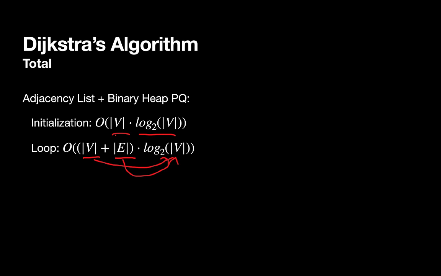So the number of edges we have times the amount of time it takes to change a priority in our dynamic priority queue. If we combine these two parts, it turns out that the first part is subsumed by the second part. Even if we could do that more efficiently, it's not particularly critical. So we can simplify the time complexity to just being a factor of the total number of vertices plus the total number of edges times log 2 of the number of vertices.